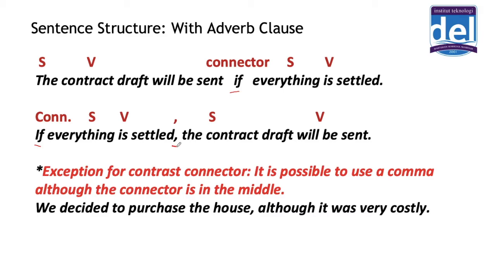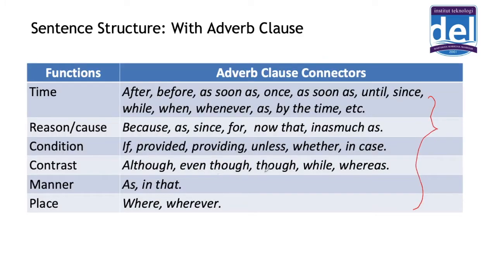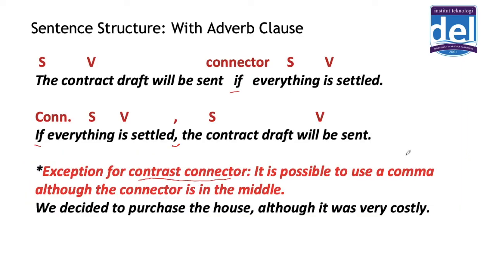There's an exception though for contrast connectors. You know contrast connectors, yeah? Like although, even though, while, whereas. It is possible to use a comma although the connector is in the middle. This is the example. You see, the connector is in the middle, but there is still a comma here. It is still possible for a sentence with a contrast connector.